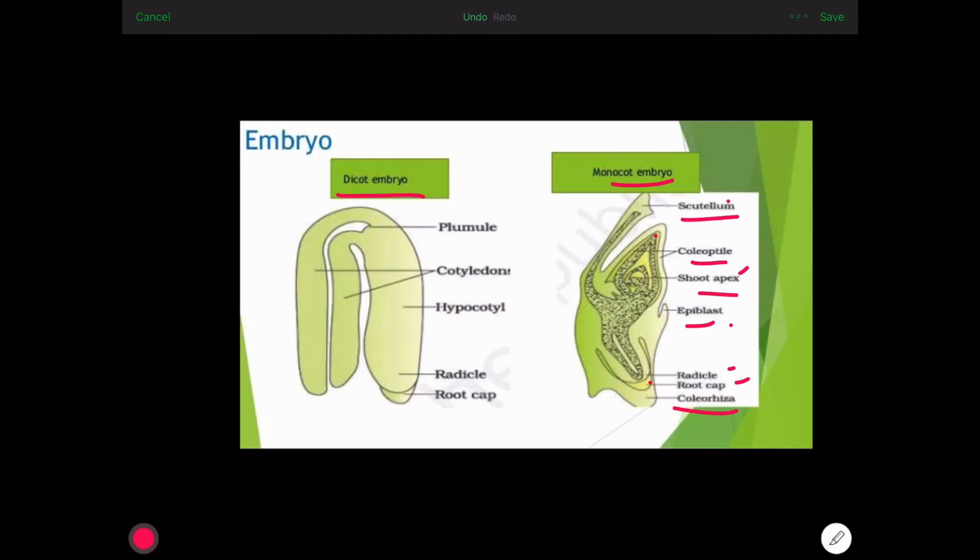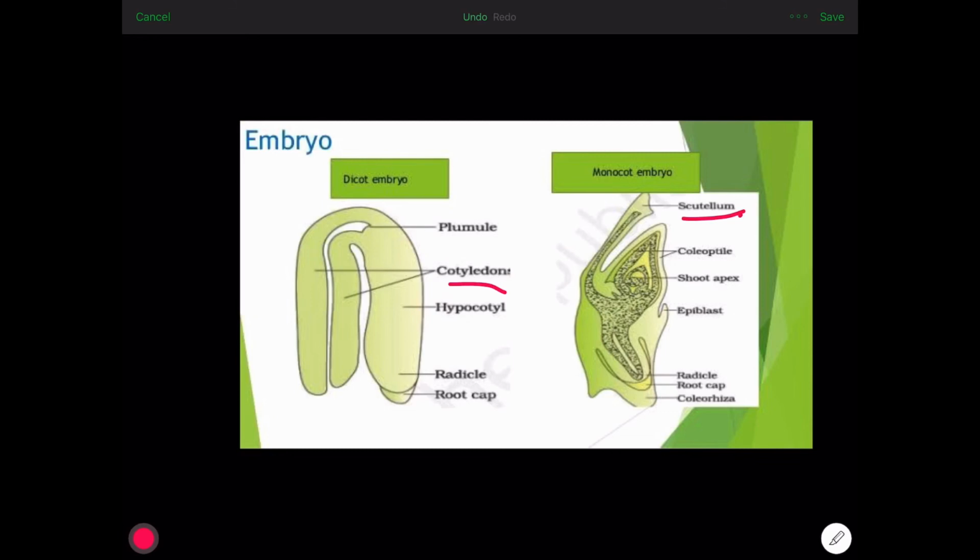So in case of monocots, sheaths are present over plumule as well as radicle, which are not present in dicot embryo. Now you can compare monocot and dicot embryo. Dicot embryo has two cotyledons. Monocot embryo has only single well-developed cotyledon known as scutellum.